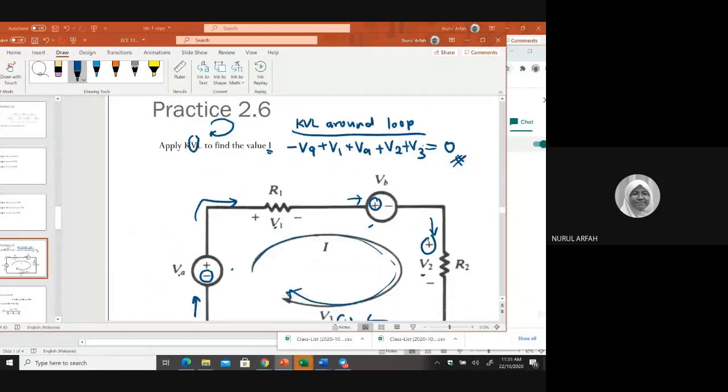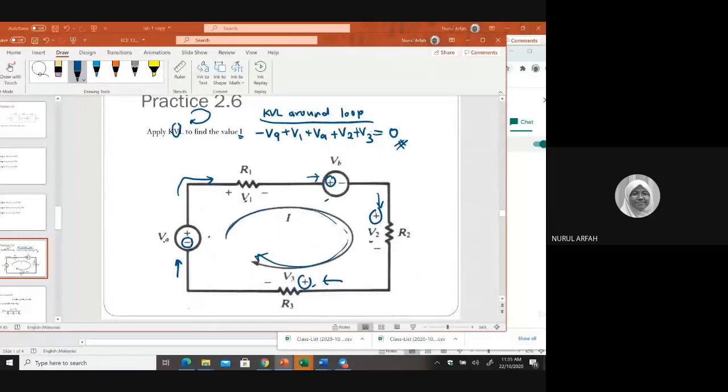How to find current? Usually, if you have this kind of question, they will ask you to apply a basic law. How many basic laws do you know? 5, yeah. So what are they? Ohm's law.